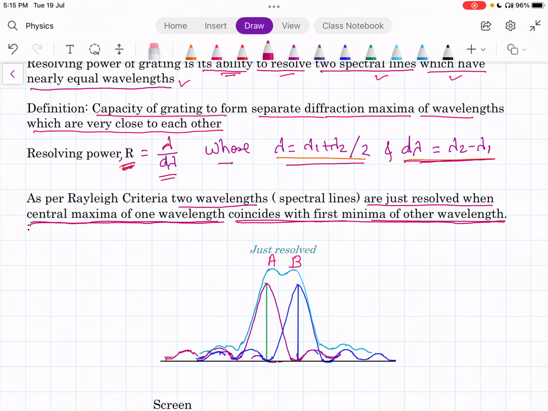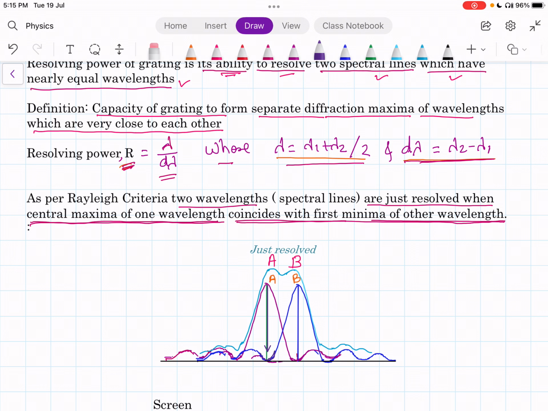As you can see here, there are two diffraction maxima. A is the diffraction maxima due to wavelength lambda 1, and B is the diffraction maxima due to wavelength lambda 2. Now here you can see that this diffraction maxima of wavelength A coincides with the first minima.